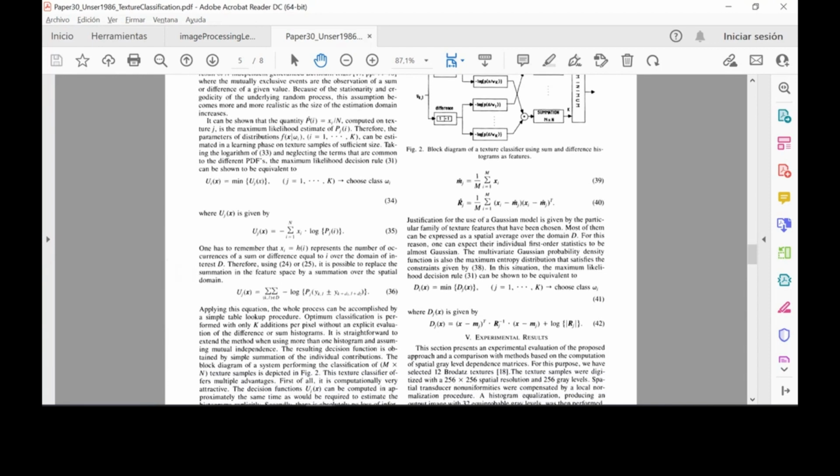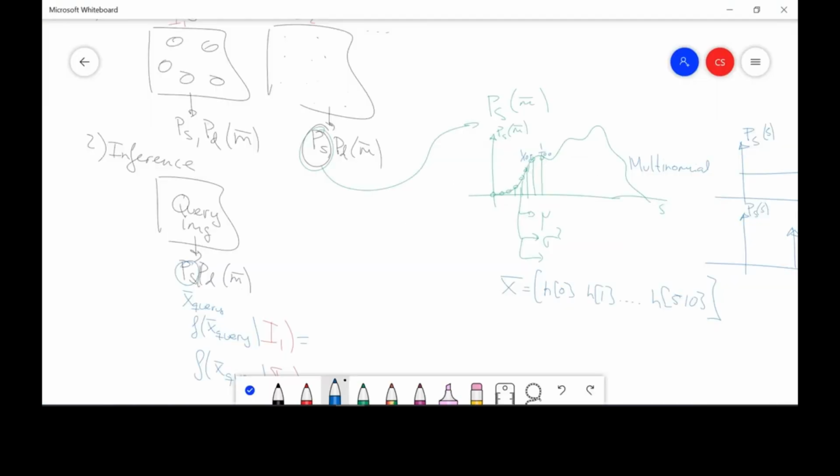And for the next one, instead of going through the histograms, I can go through the image. And now I'm using the raw image values. I'm not going through the histograms anymore. So you don't even need to compute these histograms and store them.